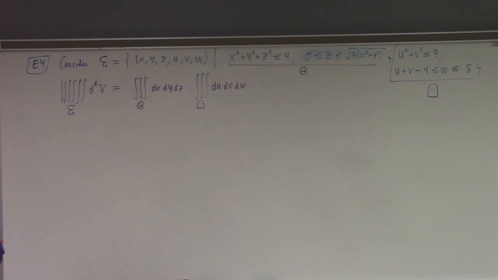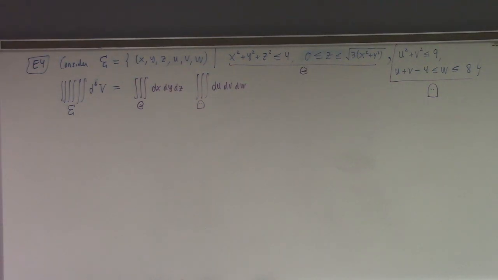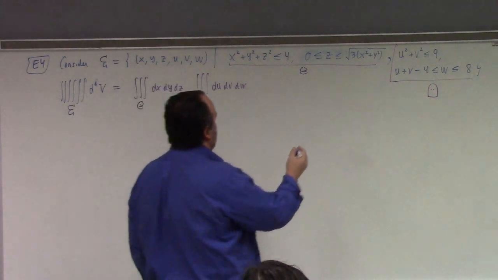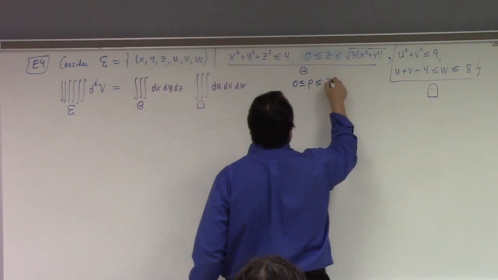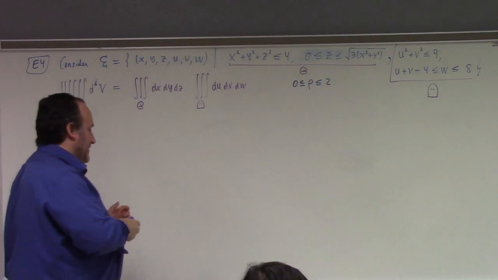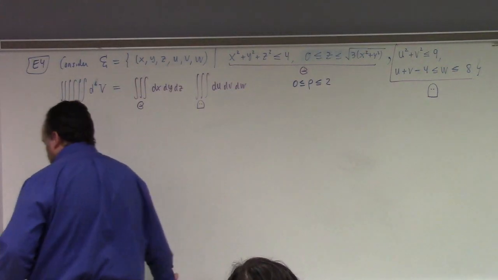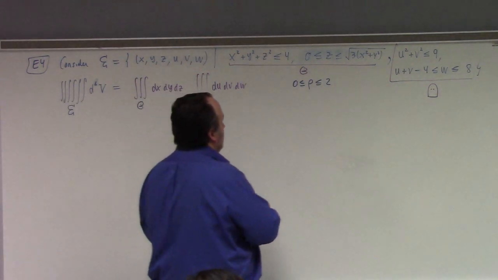Well, what is Pac-Man if we just think about x, y, z space? We've got 0 less than or equal to rho less than or equal to 2. That says the spherical radius is between 0 and 2. Now the other one is a little bit tricky, right?